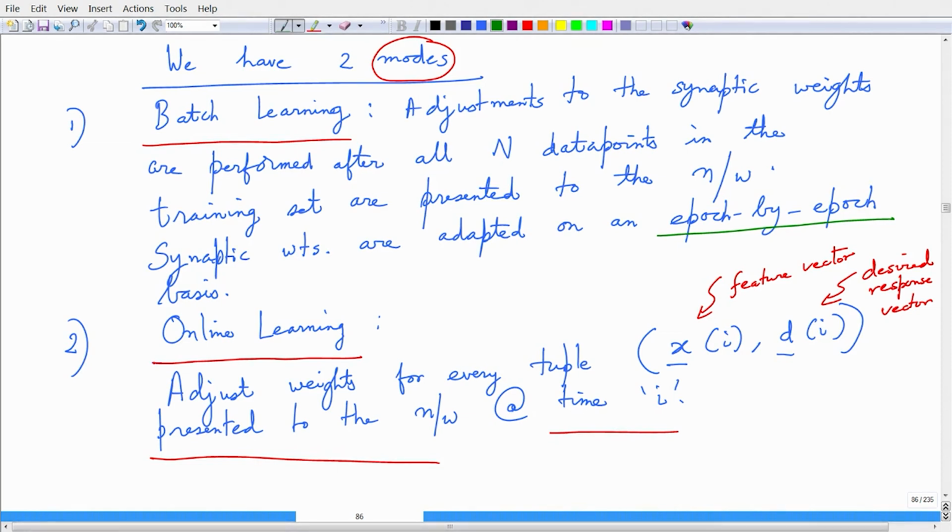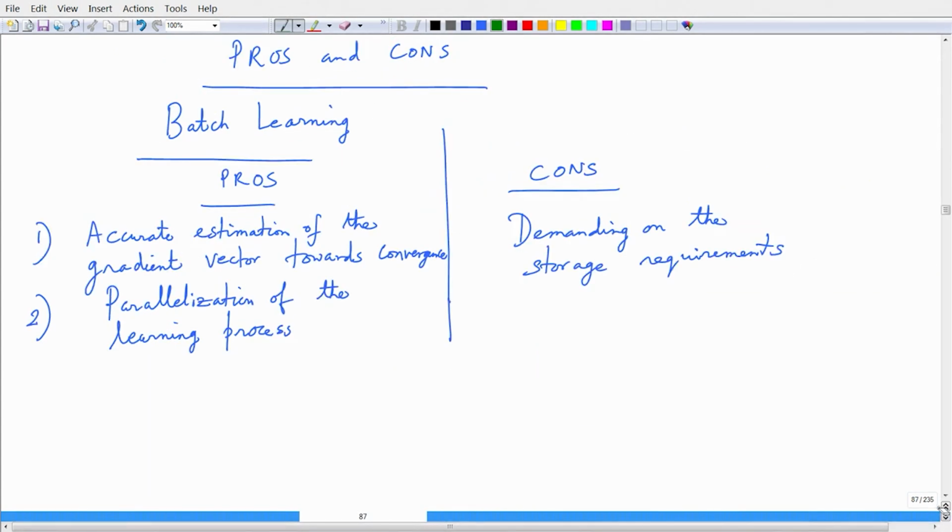So, these are two different update methods or learning methods, and each one has an advantage or disadvantage if you think of. This begins with the next natural question about pros and cons of batch learning versus online learning, right.